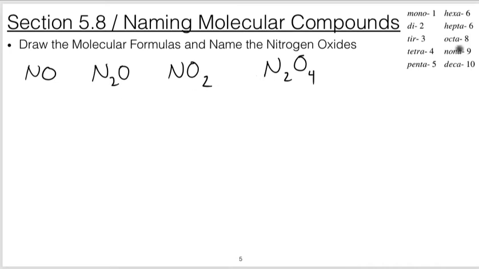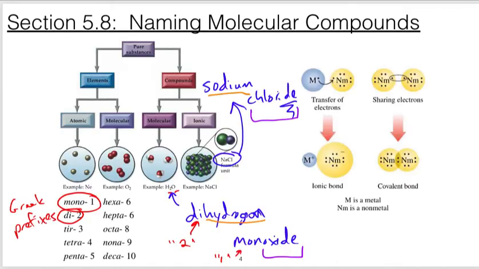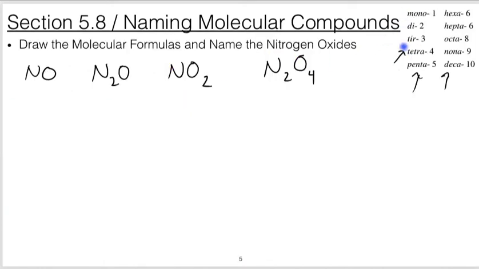We have to introduce these Greek prefixes so we can deal with the 2 and the 4 and the 2 and the 1, etc. We did not need the Greek prefixes here because sodium was always +1 charge, chloride was always a -1 charge. They always come together in a 1-to-1 ratio. We don't need mono in that name. It's redundant, honestly. We have to have the Greek prefixes here to get the exact ratio right.